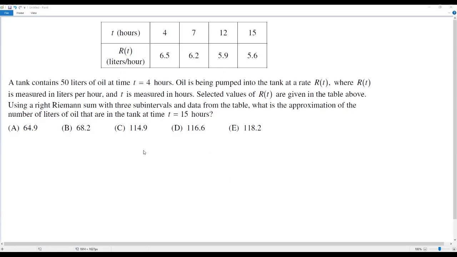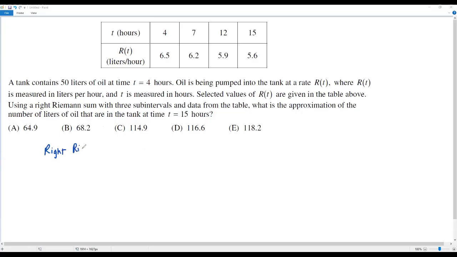Okay, in the given scenario, to find the number of liters of oil in the tank, we have to multiply the number of hours and the rate at which the oil is being pumped into the tank. And we have to use the right Riemann sum approximation. Now let me write it over here.